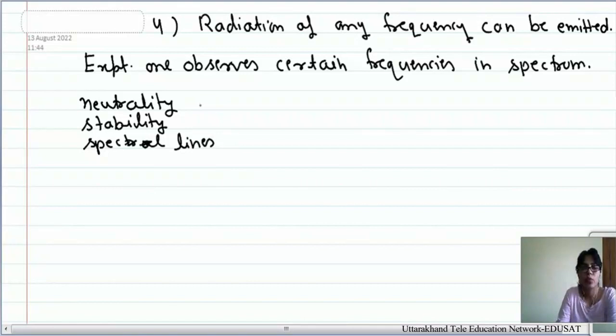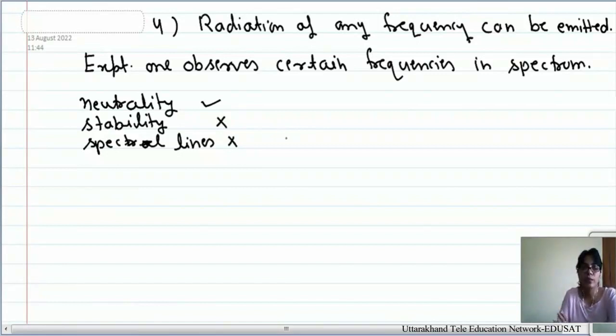The Rutherford model was able to explain the neutrality, and it gave a new concept of the central nucleus and the electrons revolving around the nucleus, but it could not explain the stability of the atom and also the spectral lines which were observed experimentally. So this model was not successful, and these are the drawbacks also.